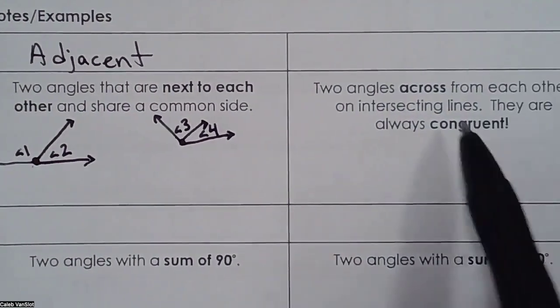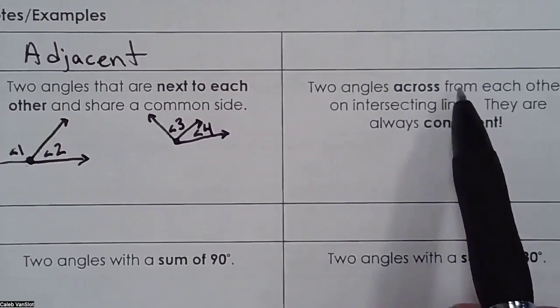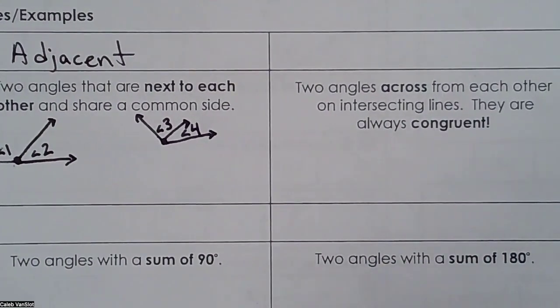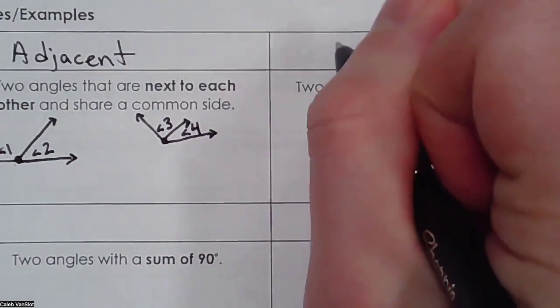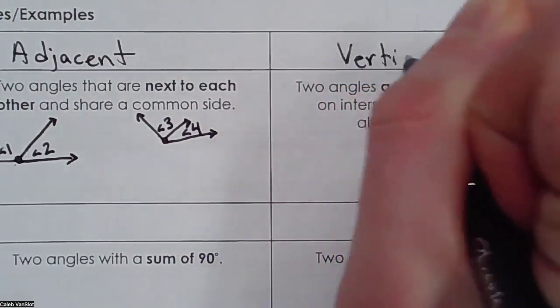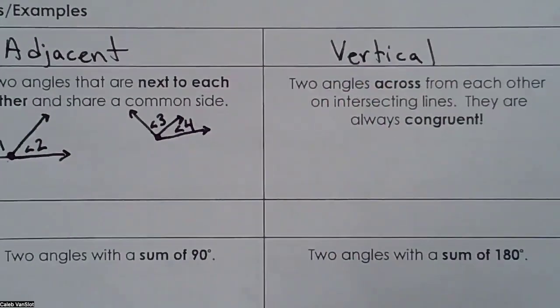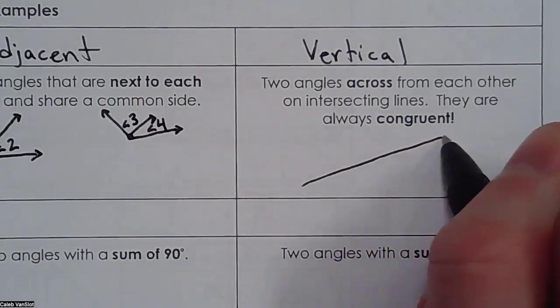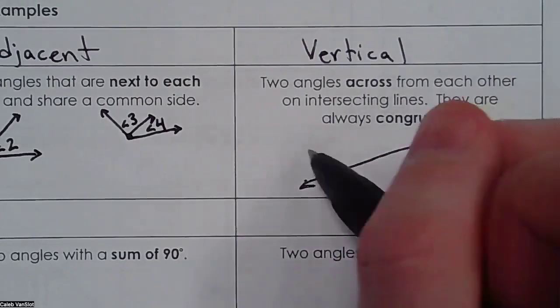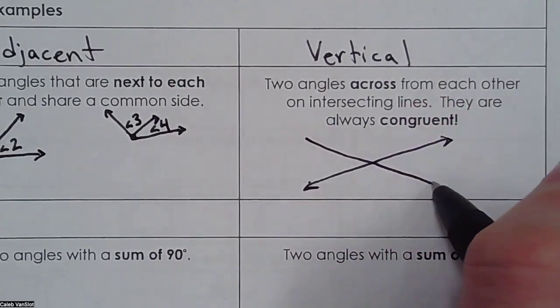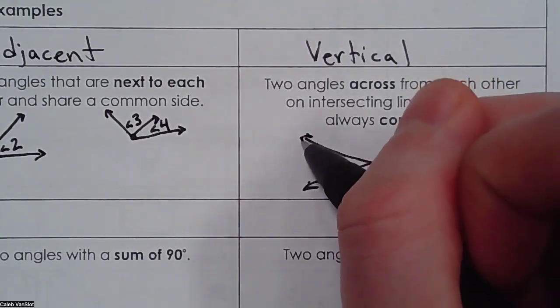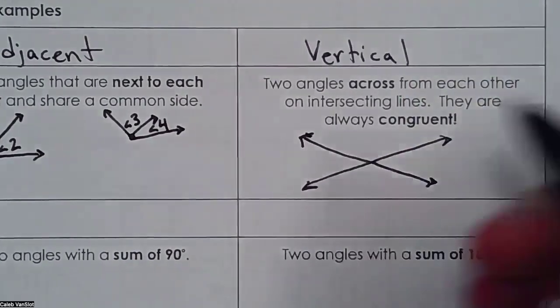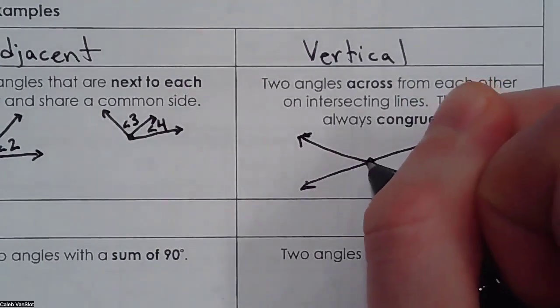Next, we have two angles that are across from one another. What would we call those? Yep. We have vertical angles, okay? So to do a drawing of vertical angles, essentially you want to have two lines that intersect, right? Can anyone tell me what intersect means? Yeah, they cross over each other, right?